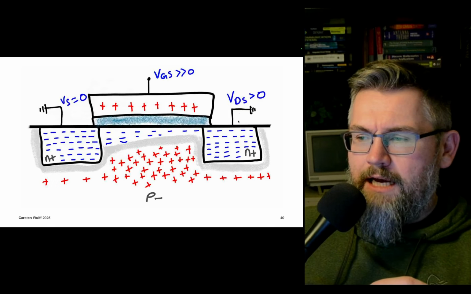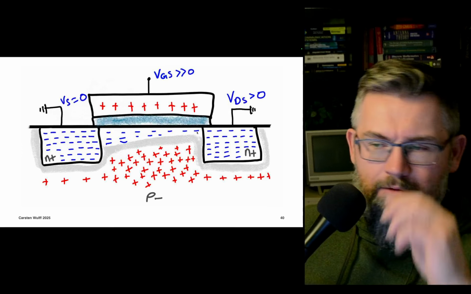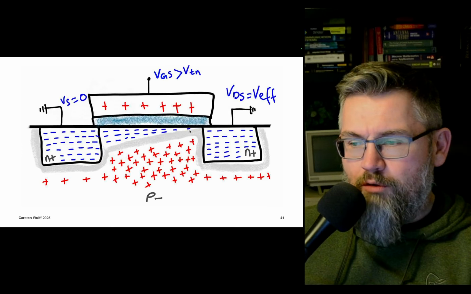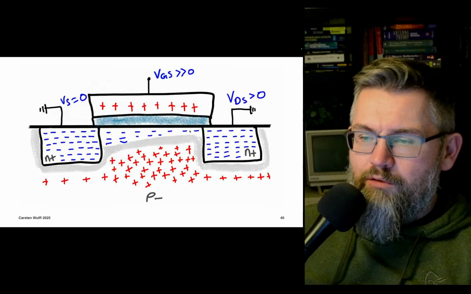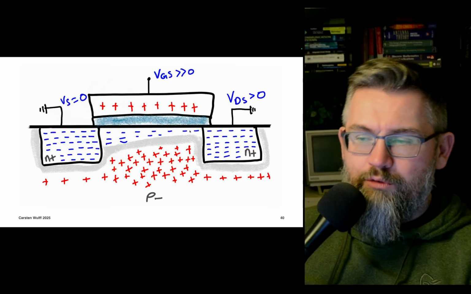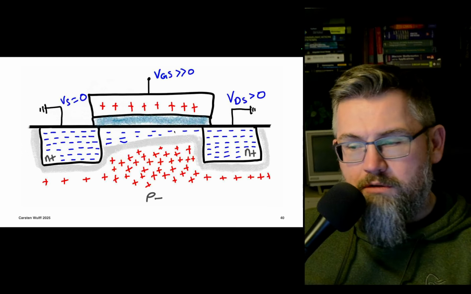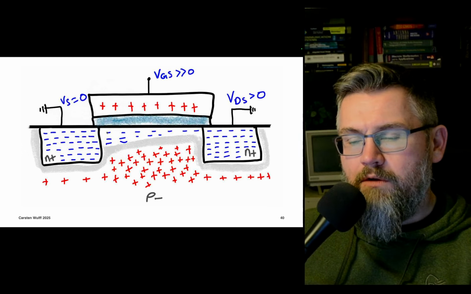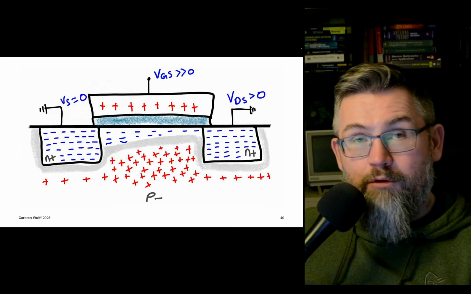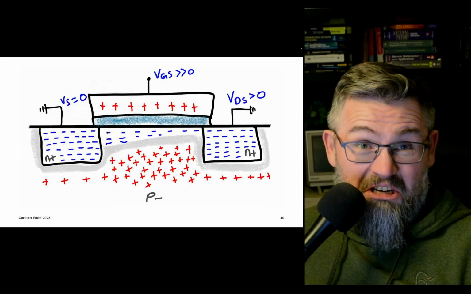Well, it turns out that as we increase the drain source voltage, then at some point we create a condition that is quite often referred to as pinch-off, because in this conductive sheet of electrons, there is a voltage drop. It's a resistor, kind of.